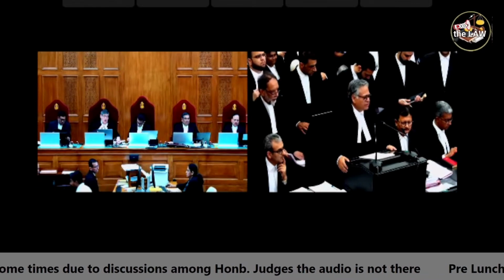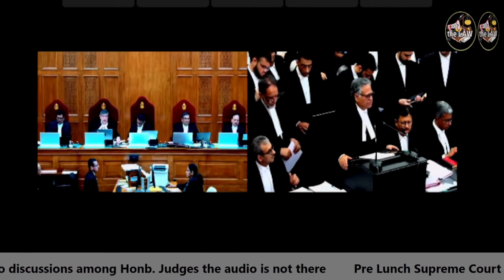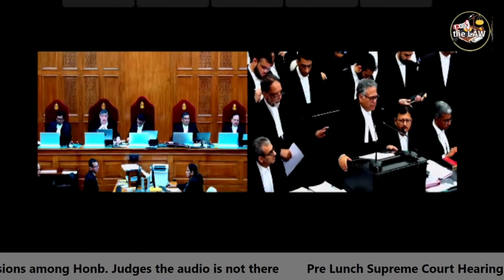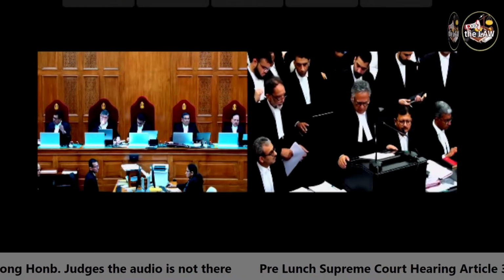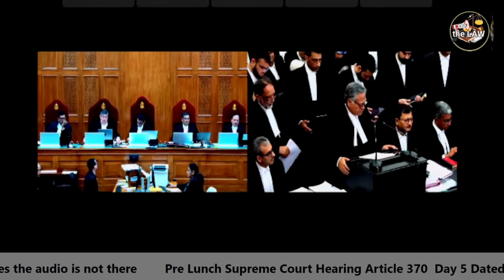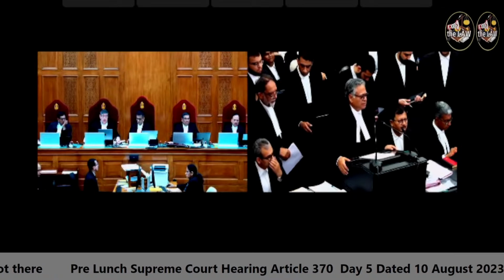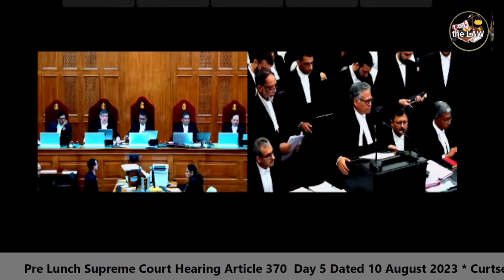I also submitted that the relationship between these native states and the dominion of India was determined by the documents which were executed.